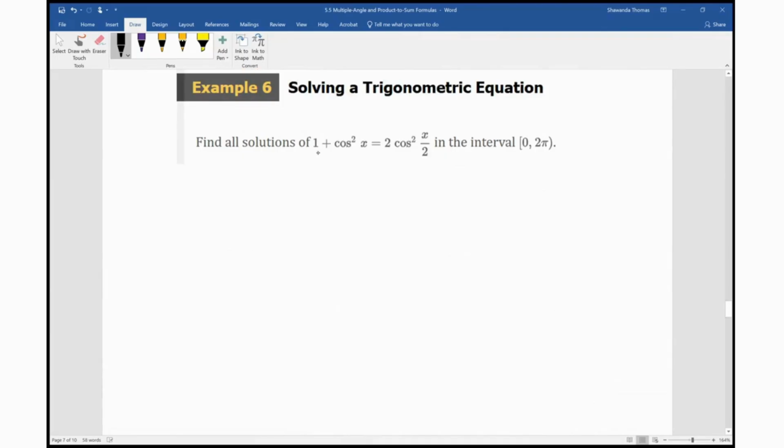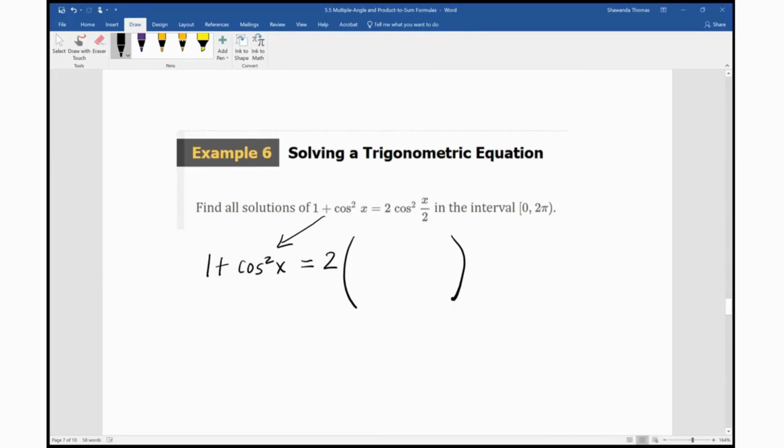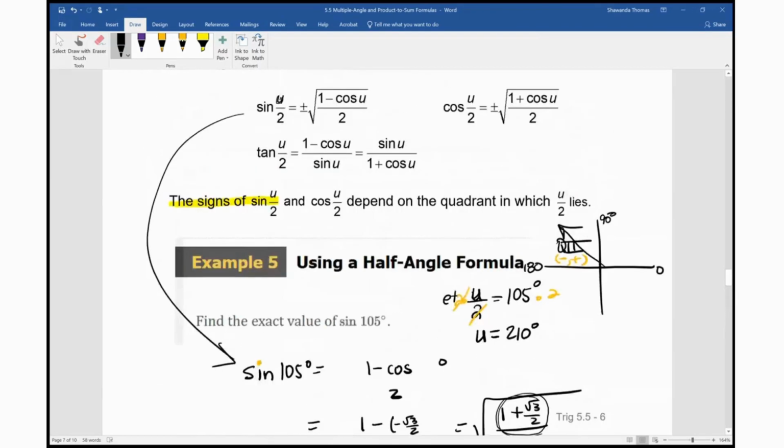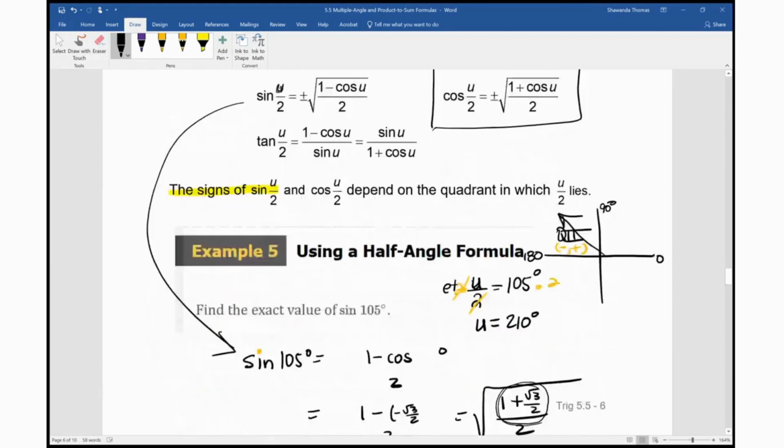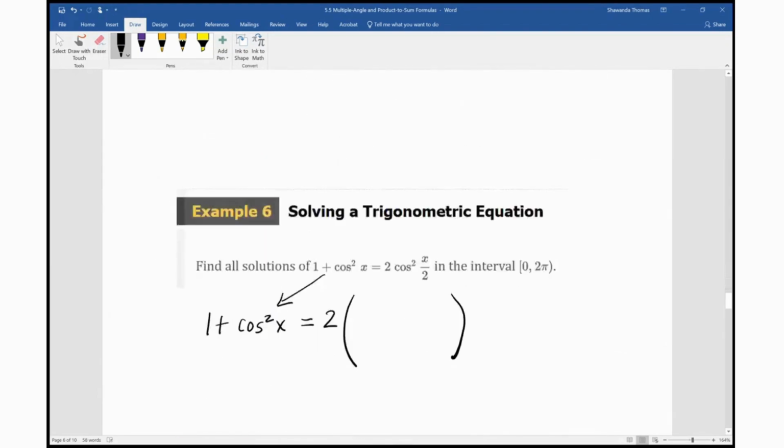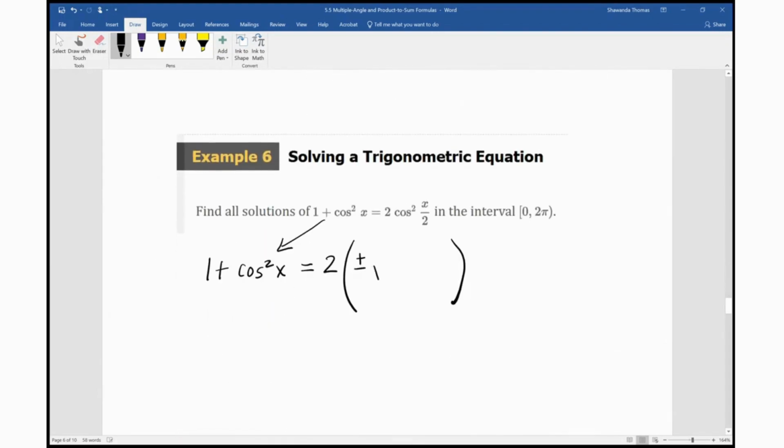So this is the left-hand side. 1 plus cosine squared x equals 2 times, according to the formula for cosine squared x over 2, this is equal to this. So that's what we're going to plug in. That's plus or minus the square root of 1 plus cosine of x over 2, squared.